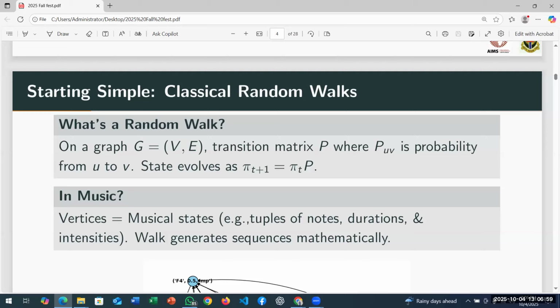Now, let's dive into music. The beauty of this project is that I combined three things together: music theory, physics, which is the quantum part, and also mathematics and computer science. They are combined together for this project.